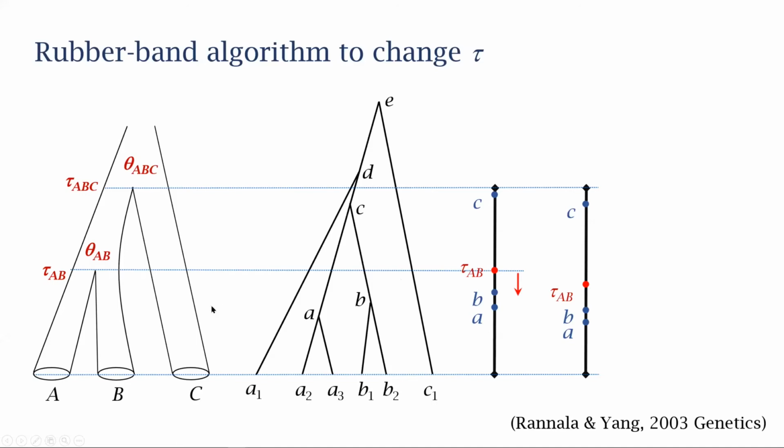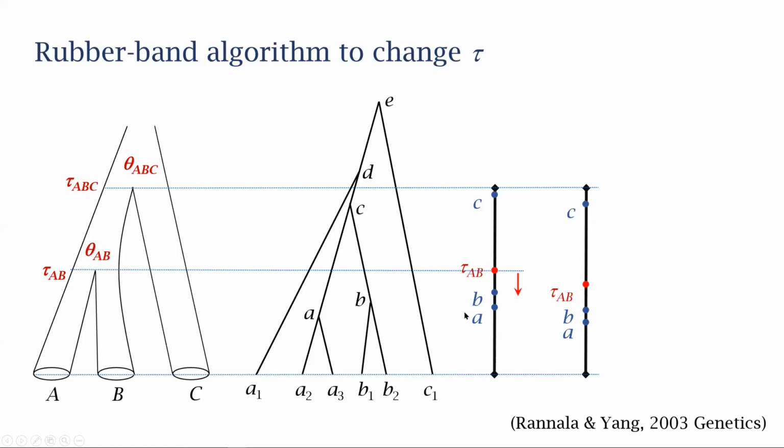And then if you are going to change tau AB when the gene trees are fixed, you are constrained very tightly, so you can't really move up because all of them have to be older or larger than tau AB. So what we did was this so-called rubber band algorithm. We have a piece of rubber band, fixed at the two ends, and then we hold the rubber band from this point representing tau AB, and pull up or down.